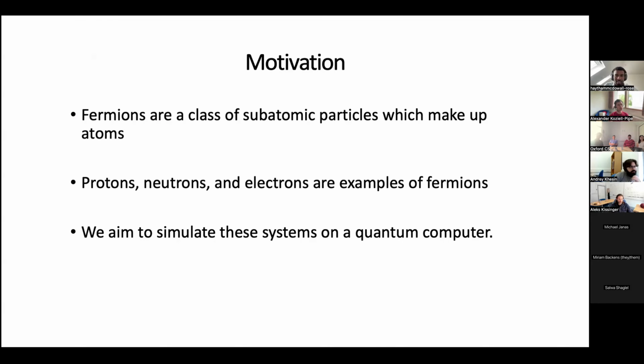What we want to do by studying fermions with a quantum computer is to use the quantumness of the quantum device to understand some quantum system in nature. We want to solve these simulation problems that are quite computationally expensive on a classical computer on a quantum computer instead. So that's why we care about mapping these systems to qubits.